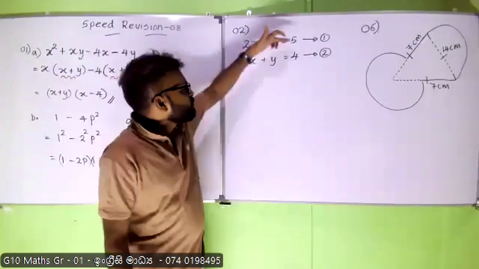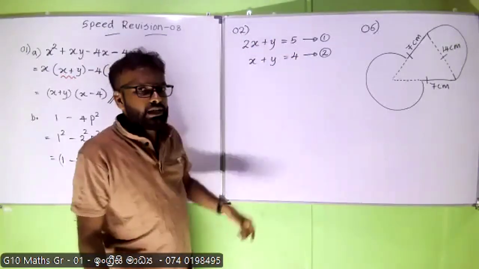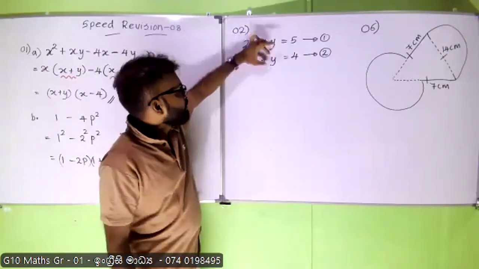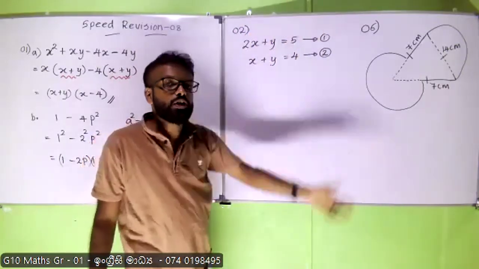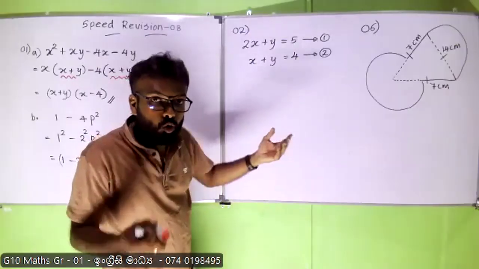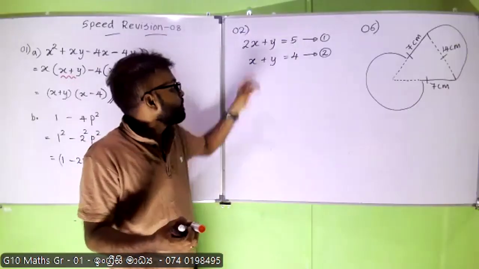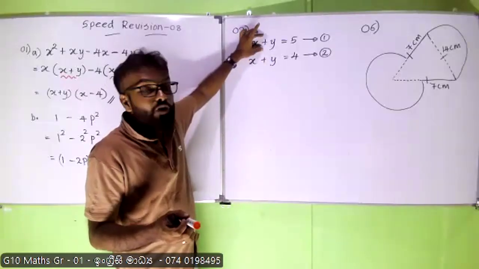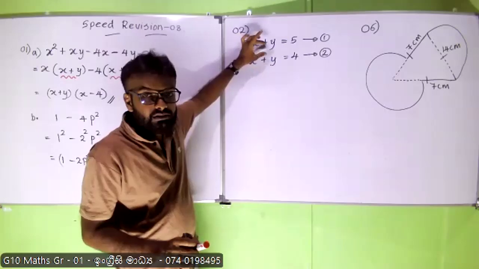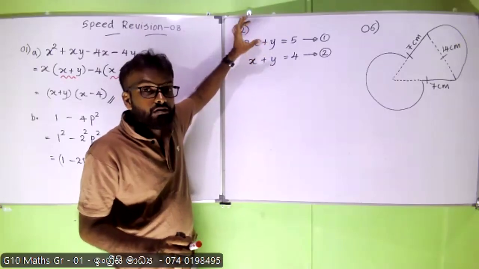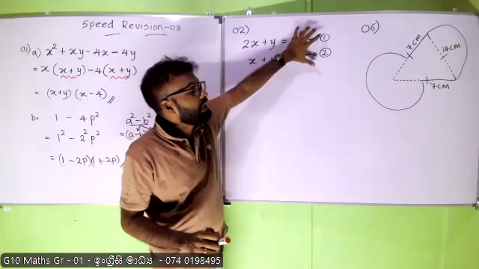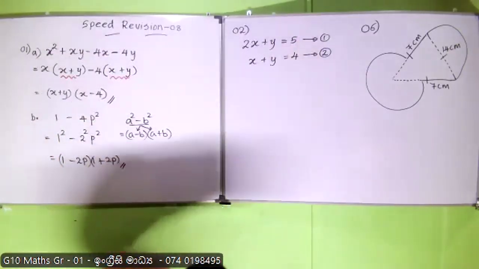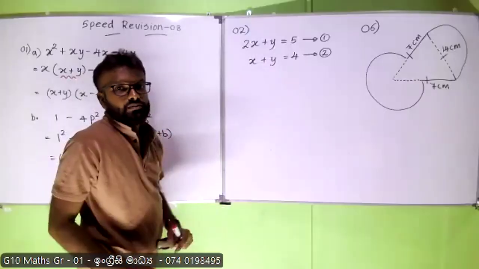By adding these two equations we cannot eliminate, because y plus y is 2y. So what we need to do? If you have the same coefficient and the same signs, you are going to subtract these two equations in order to eliminate y.